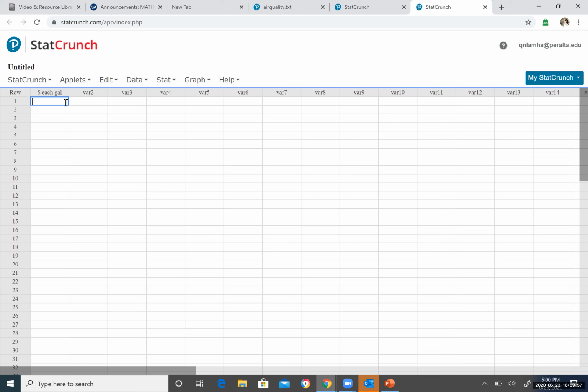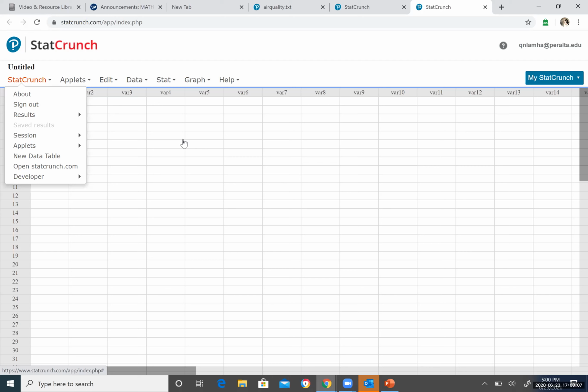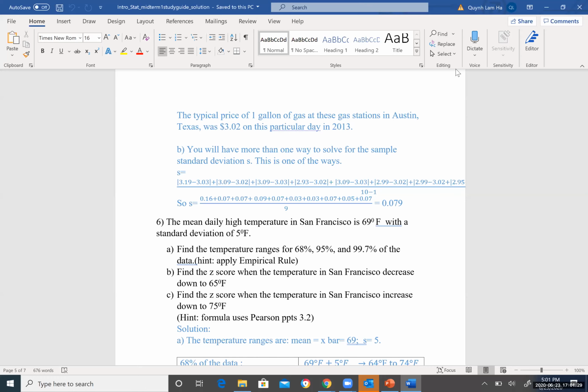And then I would like to, let me see if I can paste right here. So actually I have to type in, but it takes time, so I don't type in. You can type in on your own and do StatCrunch that I show you right here.